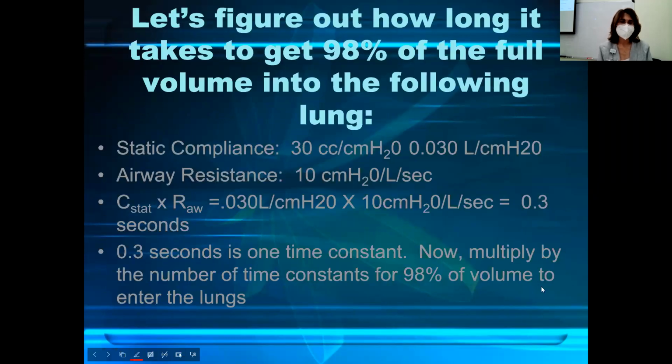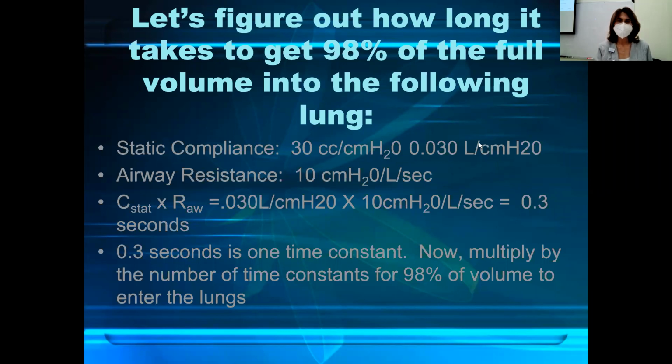All right, so this slide puts it all together. Let's figure out how long it takes to get 98% of the full volume into the following lung. The static compliance is 30 cc's. You know that cc's and mLs mean the same thing? Have you guys heard of this already? Okay. So 30 cc's or 30 mLs per centimeter water.